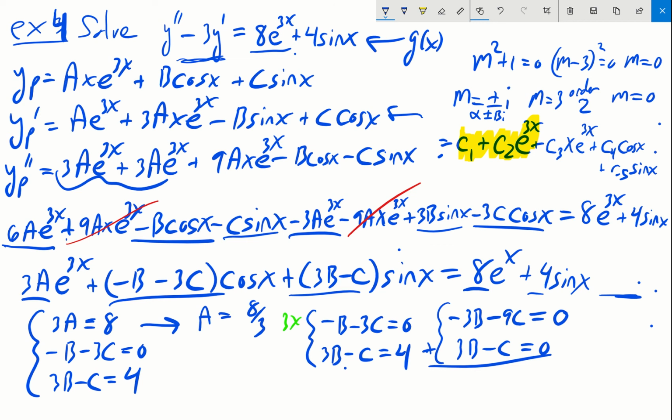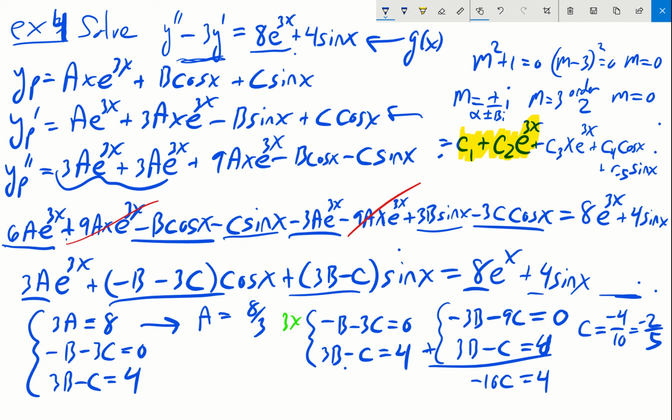Add the two equations together. The left sides added together will produce a negative 10C. 0 plus 4 is 4. Divide both sides by negative 10. So C is negative 4/10, which would be negative 2/5.